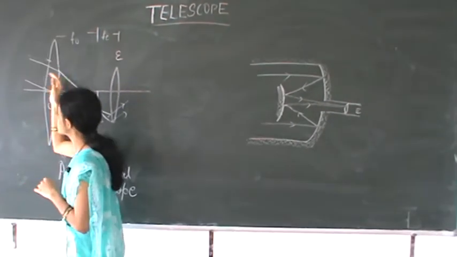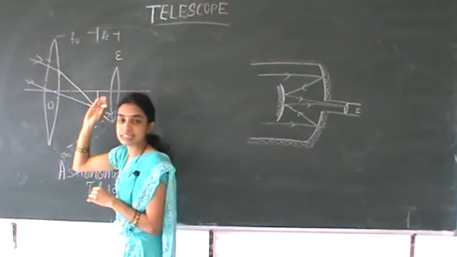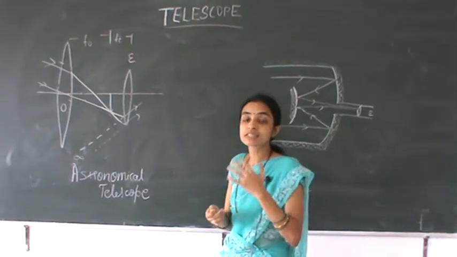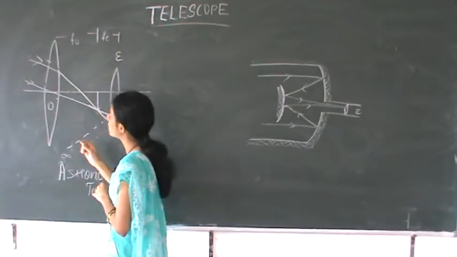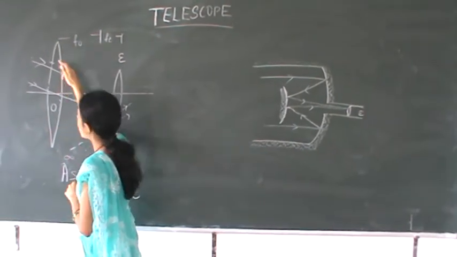The light rays coming from infinite distance, that is from the stars, the distant objects, pass through the objective.